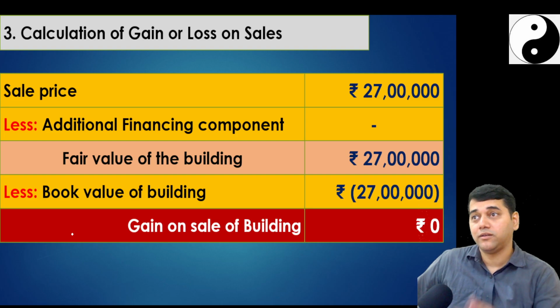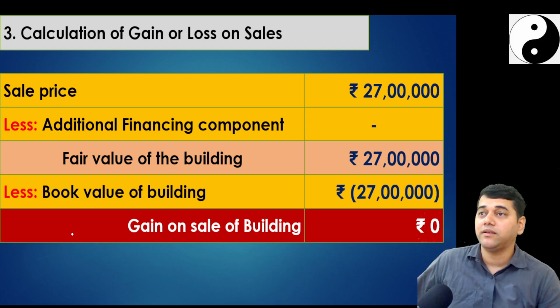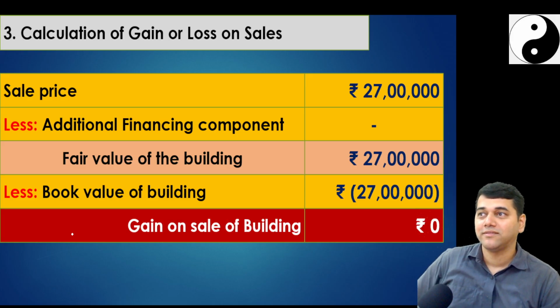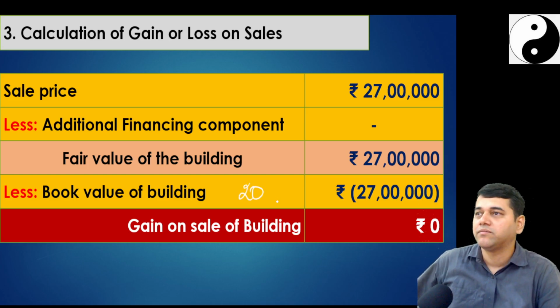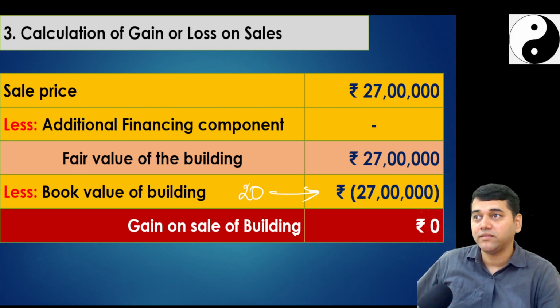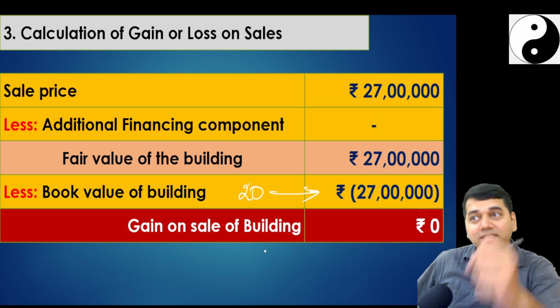Upward revaluation will never go to P&L unless you have got previous downward revaluation. So what entry will I pass for this? Maybe, for example, my book value was 20. I upgraded it to 27. What accounting entry must I have passed? Asset account debit to revaluation surplus, OCI. The day I sell, what will I do?